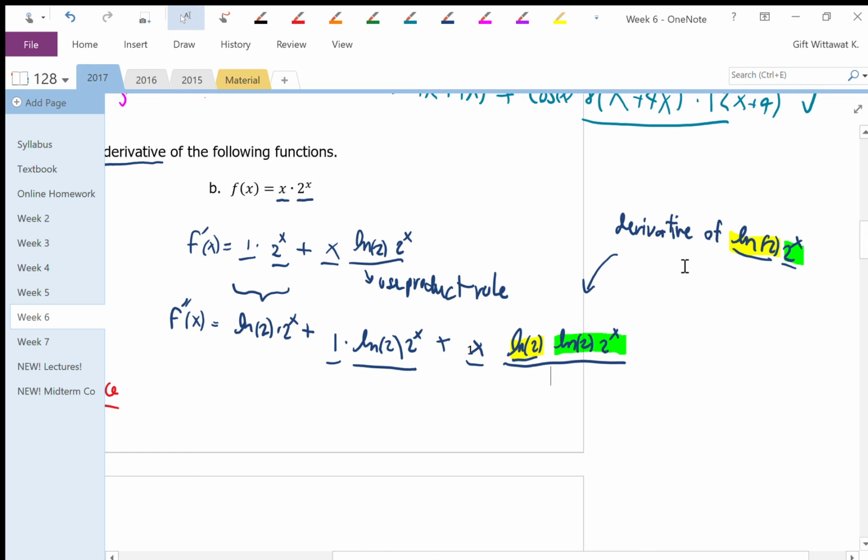Log of 2 is a constant, so there's nothing to do with it. The derivative of 2 to the x is actually log of 2 times 2 to the x. So the whole thing combines to be x times log of 2 times log of 2 times 2 to the x. So you actually have log of 2 twice in your function. But that's all we have. So that's basically the second derivative of the function that you have.